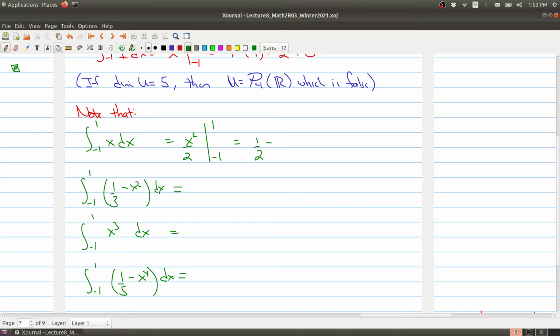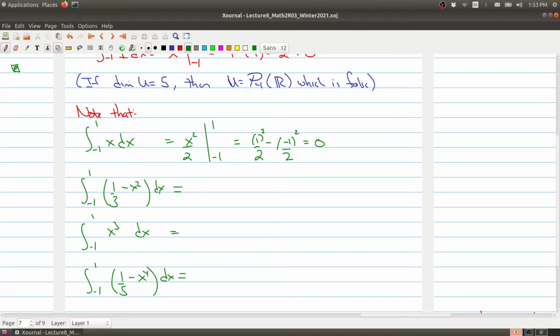I get 1 squared over 2 minus (-1) squared over 2, which will give me 0.